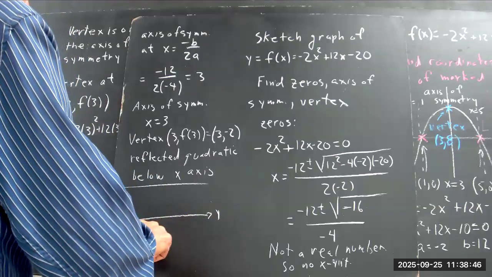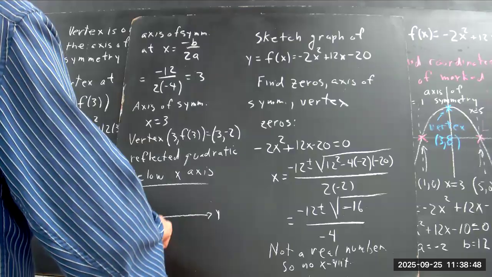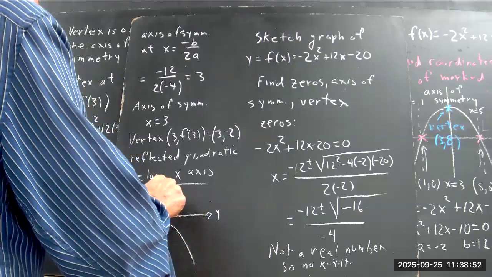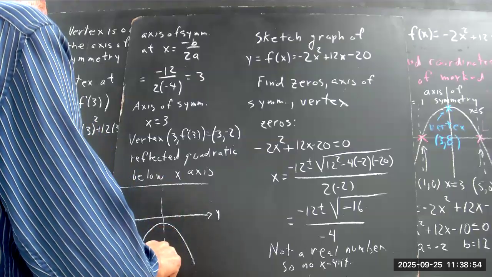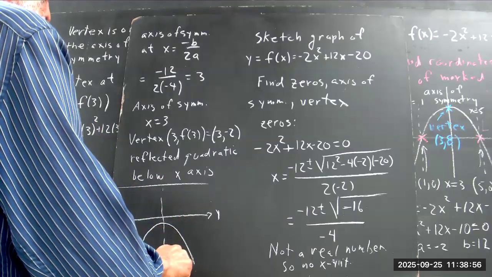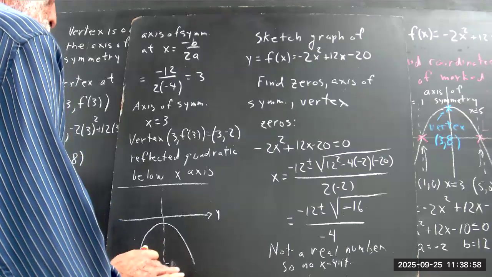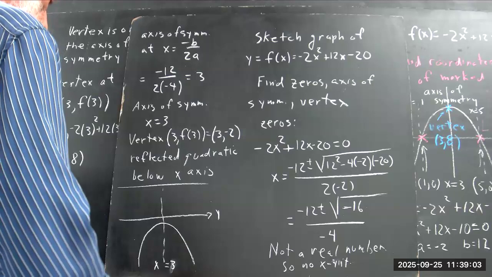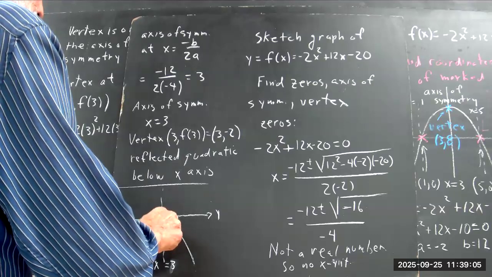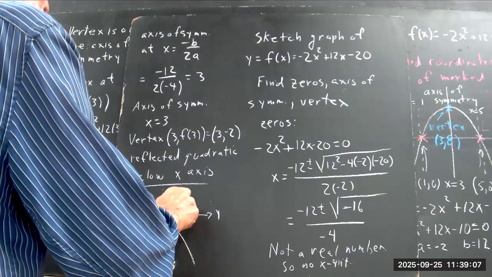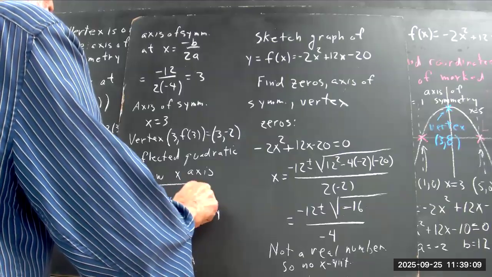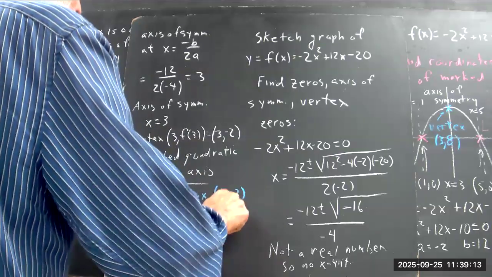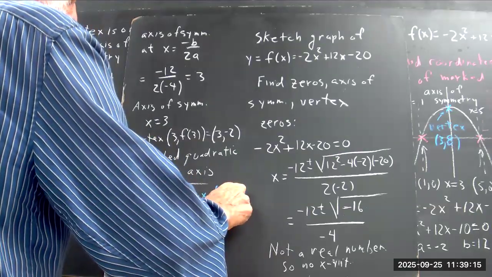Here's the y-axis, and here's your parabola. Try to draw it symmetric. And here's the line, x equals 3. And here's the vertex. Three, negative 2.